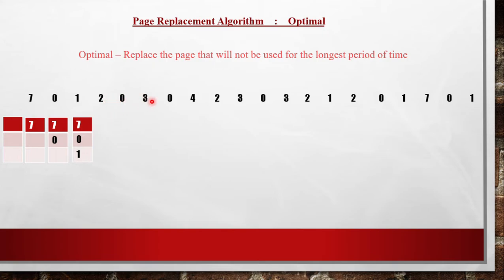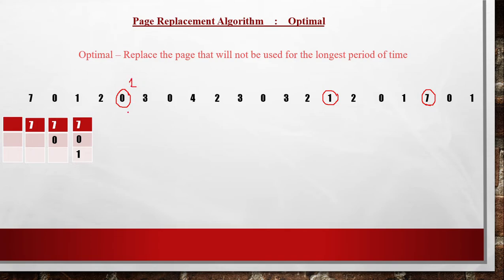We can just highlight 7. See, 7 will be used here, whereas 0 will be used in the very near future, and 1 will be used somewhere here. So which one will be used in the near future?